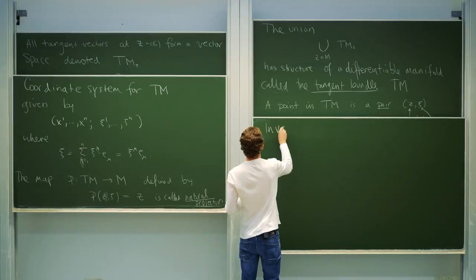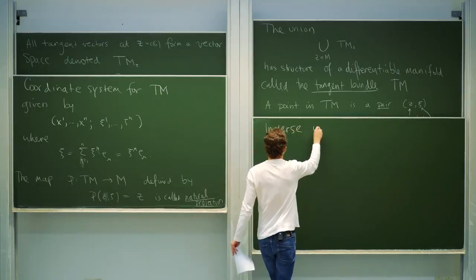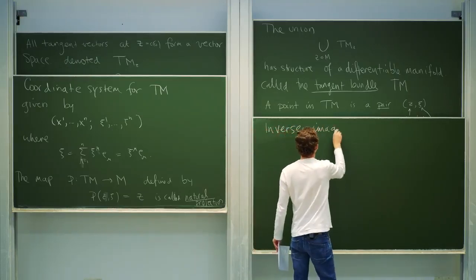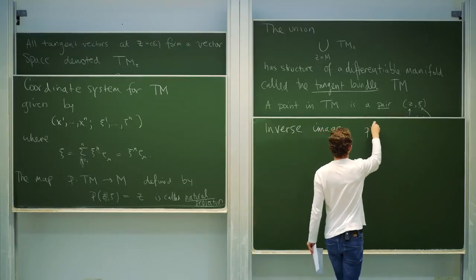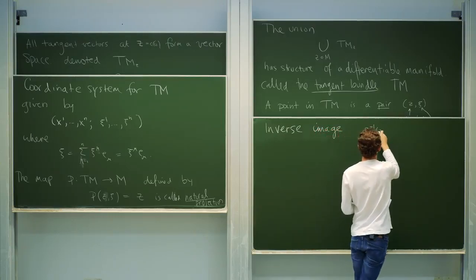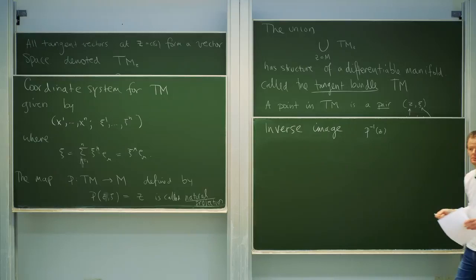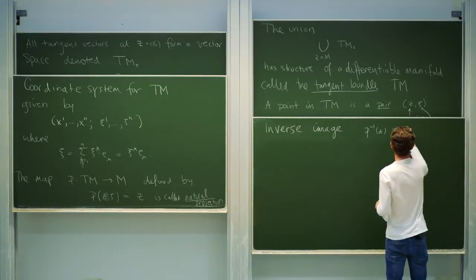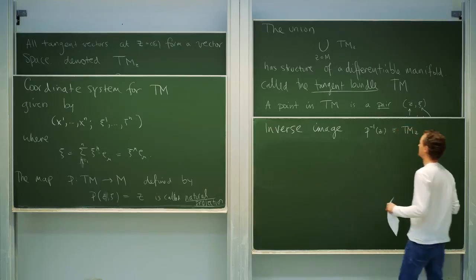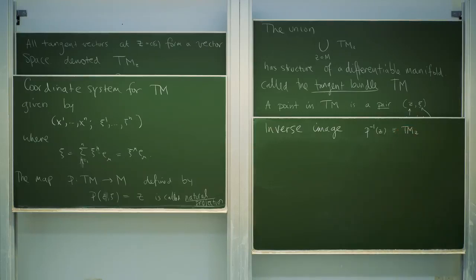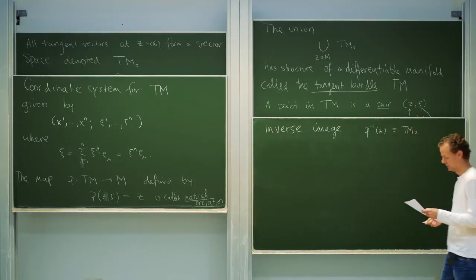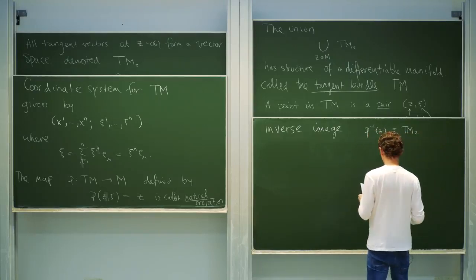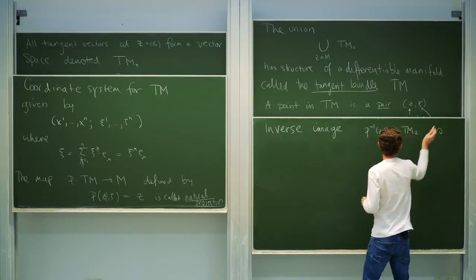So the inverse image of a point z, what is it? Well, it's a whole vector space. It's the tangent vector space to the point z in M. And this is called the fiber.